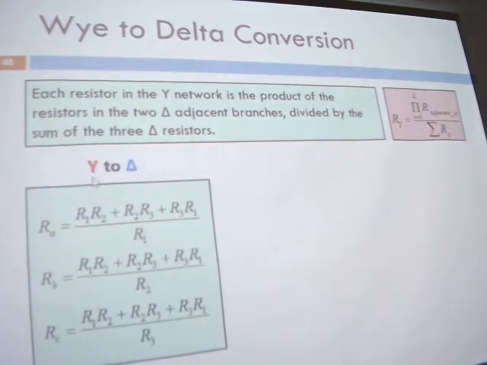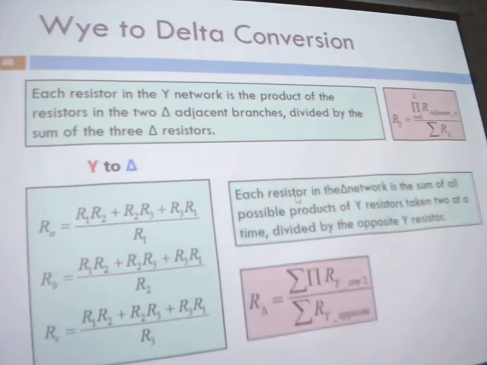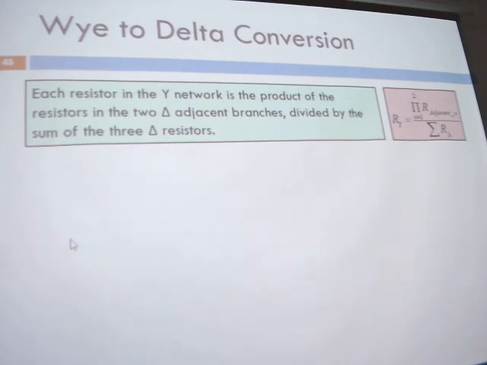Now we're going to see another Y to delta connection. Just rewrite it and we get the result: RA, RB, RC, right? Each resistor in the delta network is the sum of all possible products of Y resistors, taken two at a time, divided by the opposite Y resistor. That means for RA, go back to here.